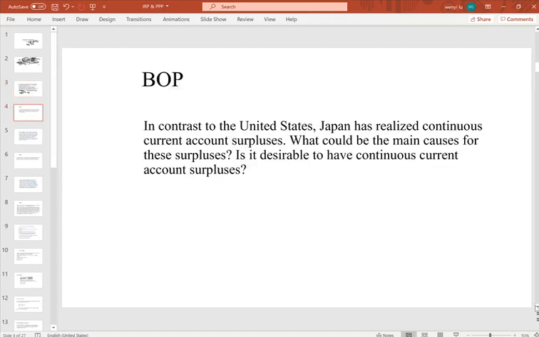The next one is an example opposite to the first question. Now it's for Japan. Compared with the US, Japan has a trade account surplus. What does surplus mean? Japan has more exports than imports.